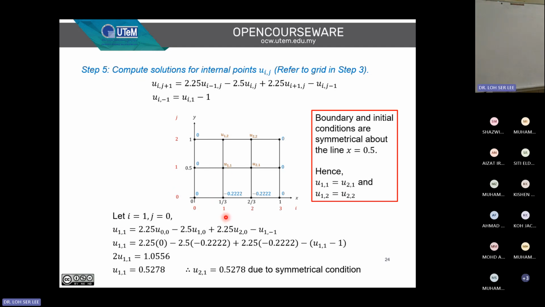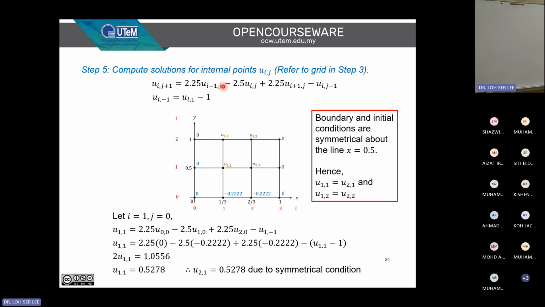We do not have the 4th point underneath, so we have to use this formula. For the first one, you can substitute the i and j. You can compare this u11 to this u(i,j+1). That means i is 1, j plus 1 equals 1. That means j equals 0. So i is 1, j is 0.